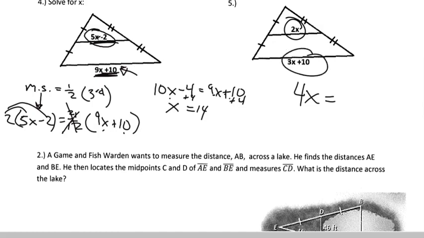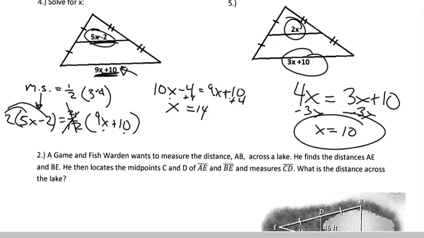And that's going to equal the longer length, 3x plus 10. When I solve this, minus 3x, you end up with x equals 10. Now make sure what you do makes sense. I have a lot of people every single year who try to double the long side and set it equal to the short. That makes no sense. Double the shorter one, and that will equal the longer one.